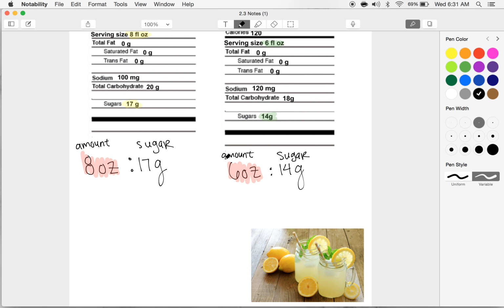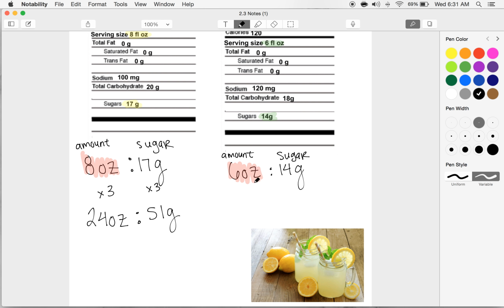Looking for maybe a least common multiple. I would think that's 24. So what if I make this 24 ounces? How did I get 8 to 24? Well, I multiplied by 3. So I'm then going to take my 17 and multiply it by 3. That means my sugar is then 51 grams.